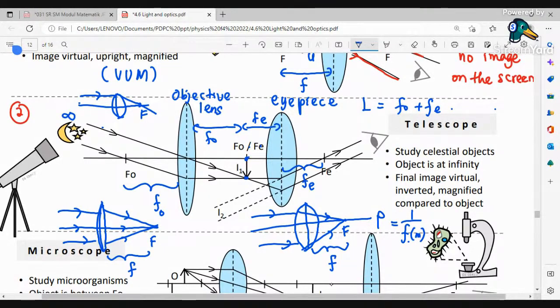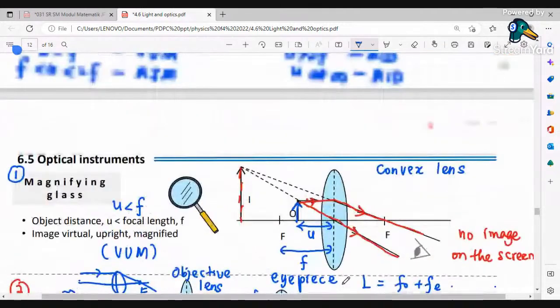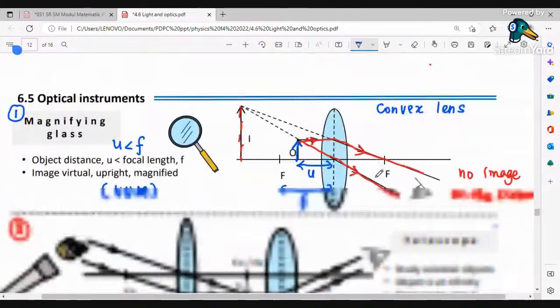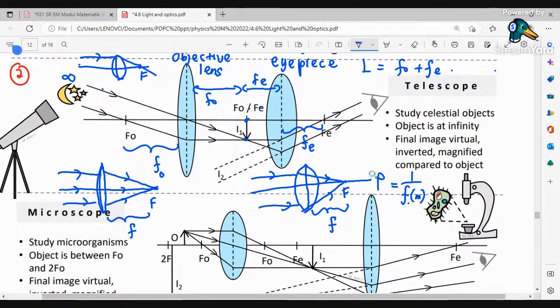U at infinity, image forms at the focal point. Okay, we look again here. U at infinity, real, inverted, diminished image actually forms at F. Okay, at the focus point. So ini we dapat image. We just mark it as I1.